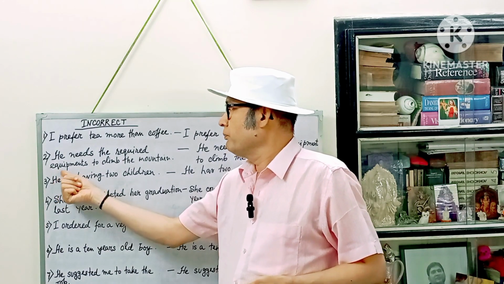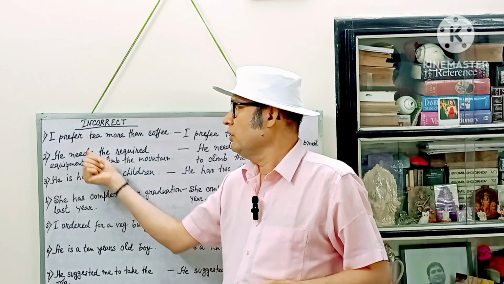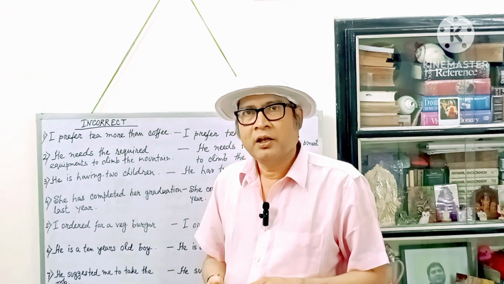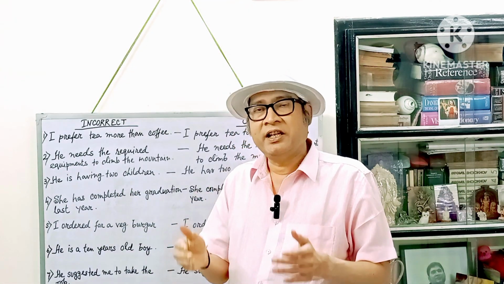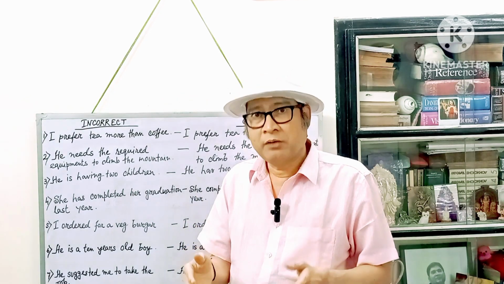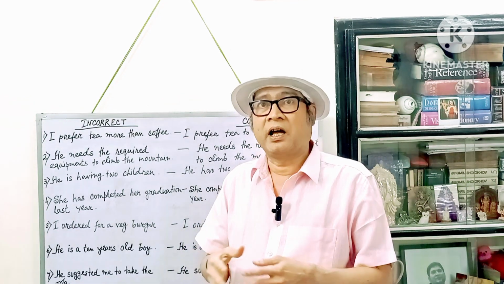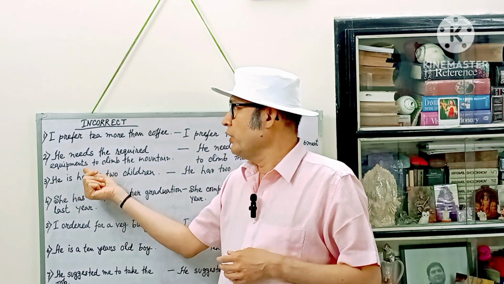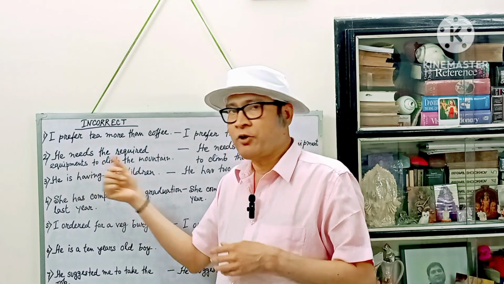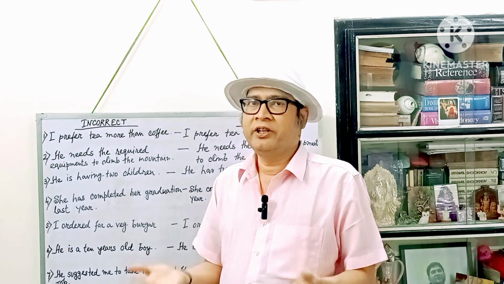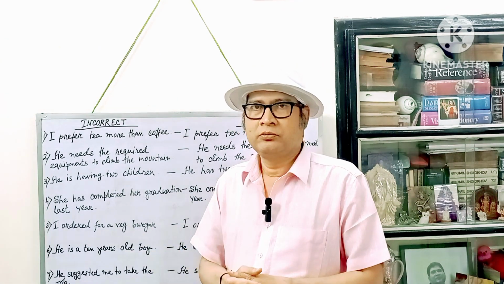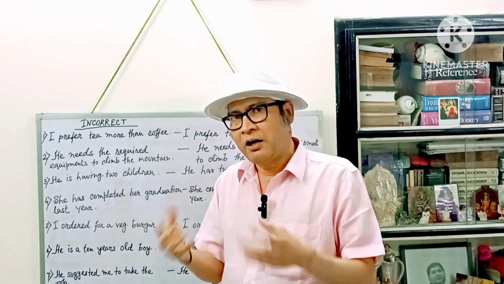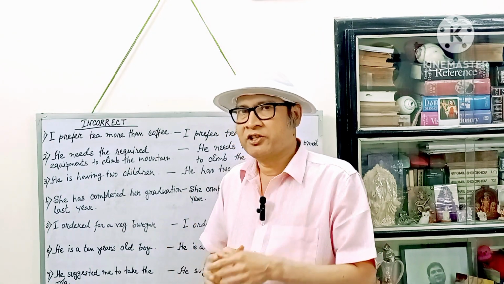Here the mistake is in this particular word, equipments. Why? Because equipment is an uncountable noun. It is not a countable noun. And as it is an uncountable noun, we can never use s or es with this noun. If you use s with this noun, it becomes a countable noun, and that is the mistake.